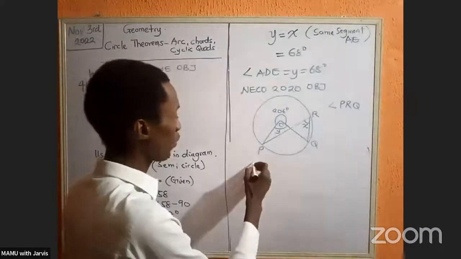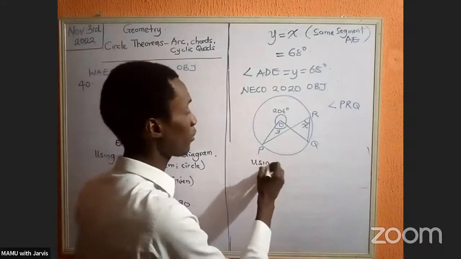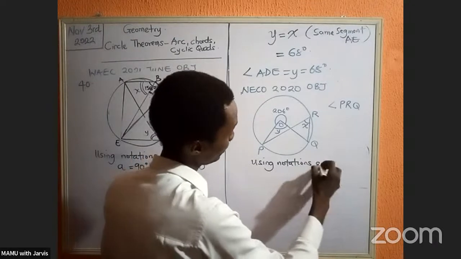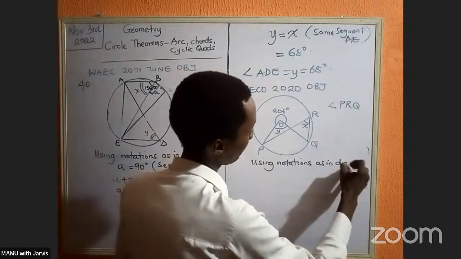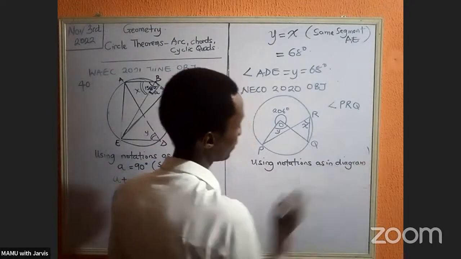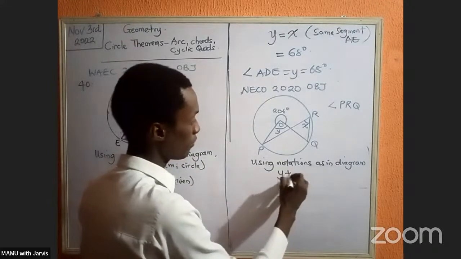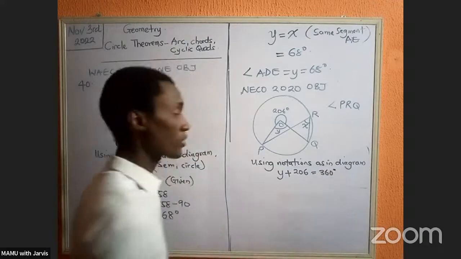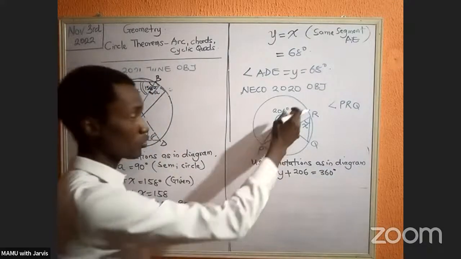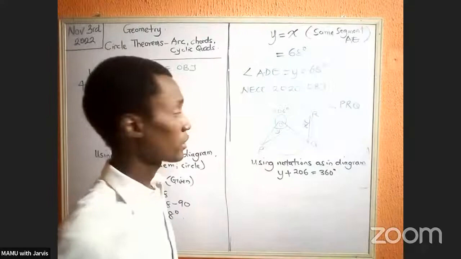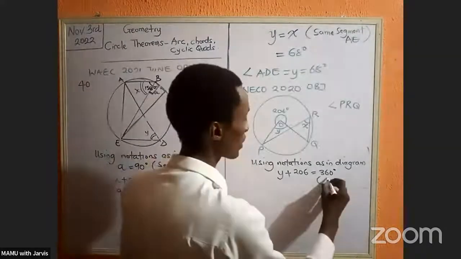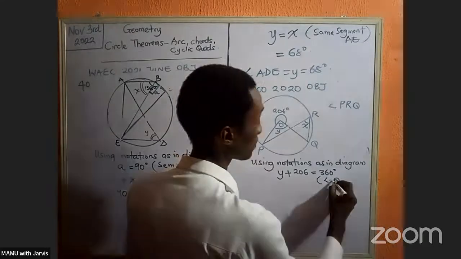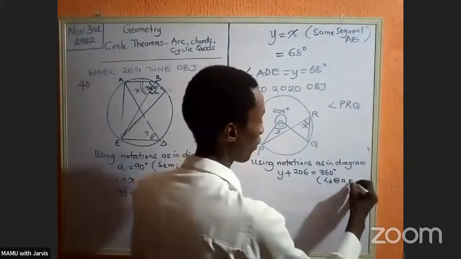So Y, using notation as in diagram, always remember to write using notations as in diagram, and Y plus 206 will be equal to 360 degrees. What's the reason for that? The reason is angles at a point.